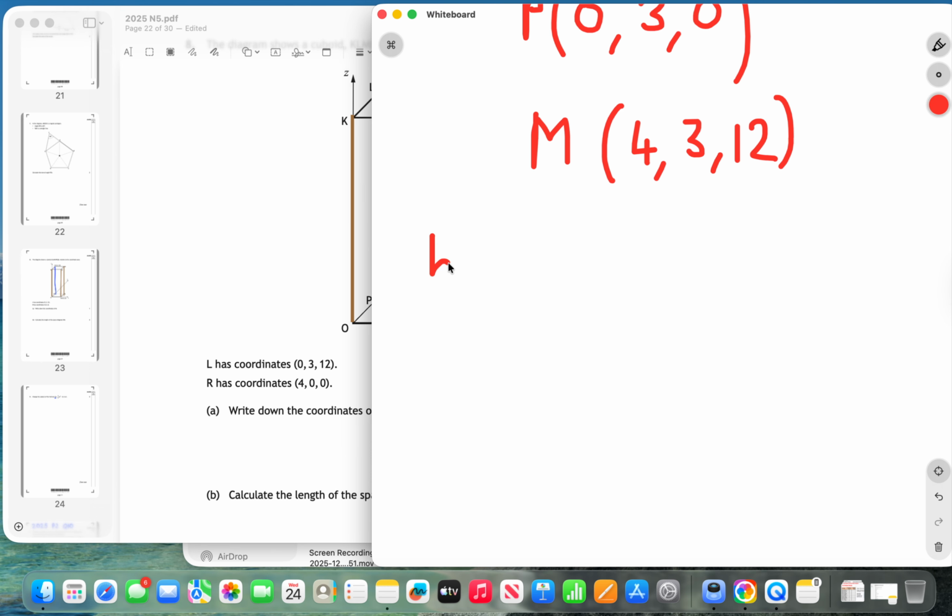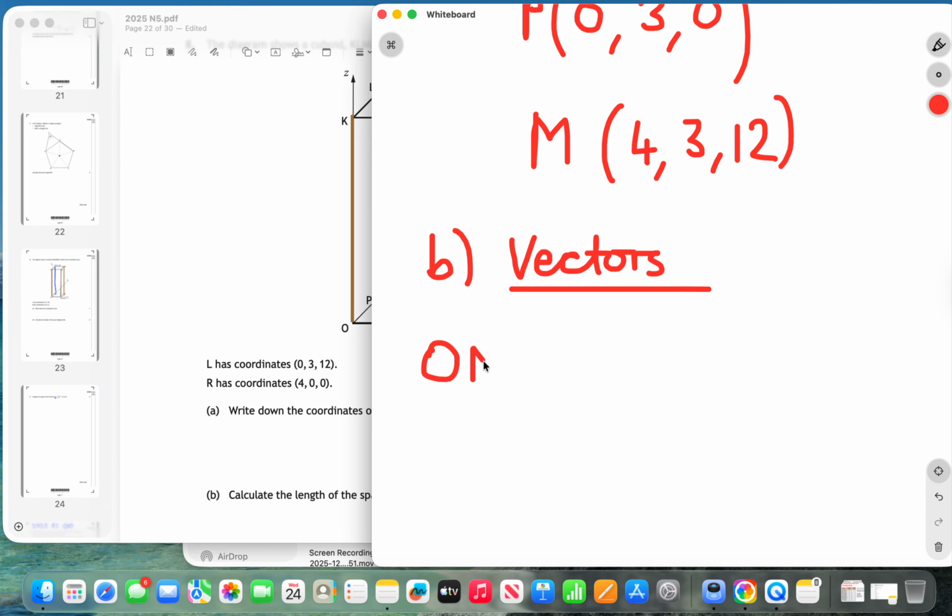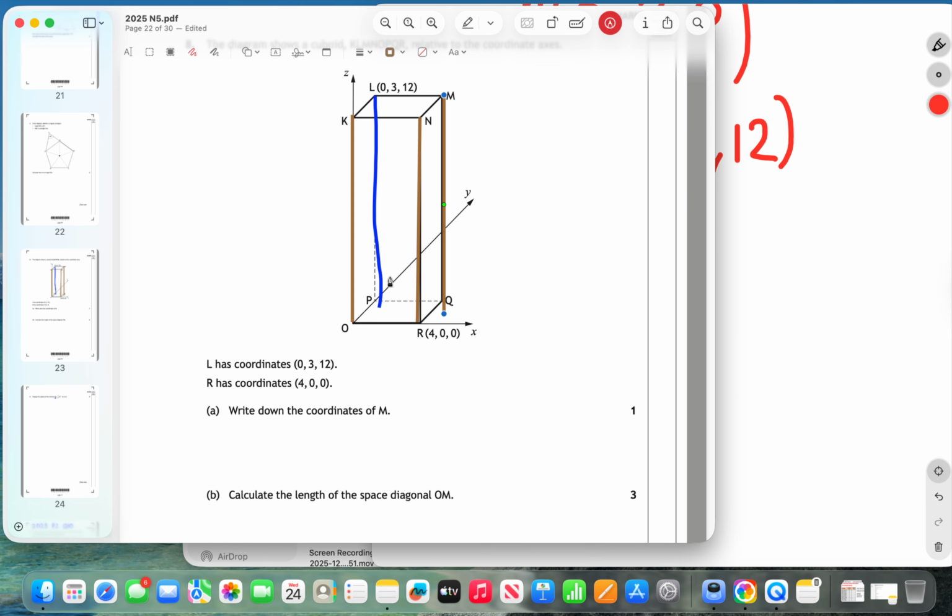Let's first of all have a look at this in terms of vectors. They're very similar methods, but they're a bit different. We're going to find the magnitude of the vector OM. So that is the vector going from O to M, and the magnitude of this vector will be the length of the space diagonal.